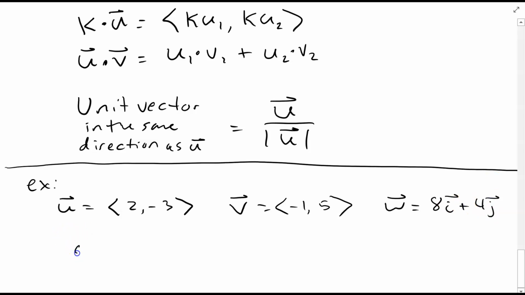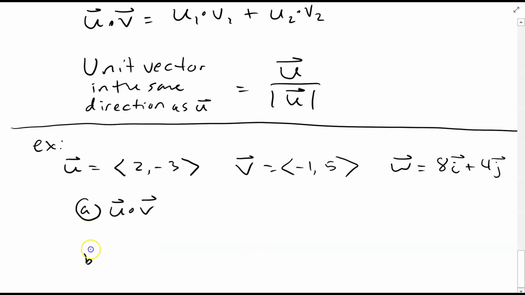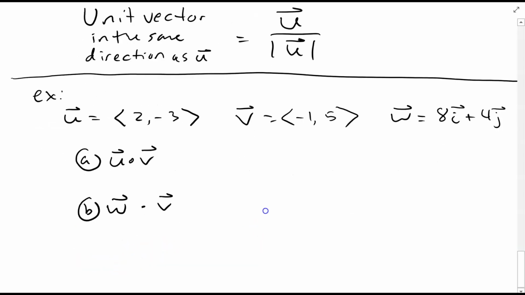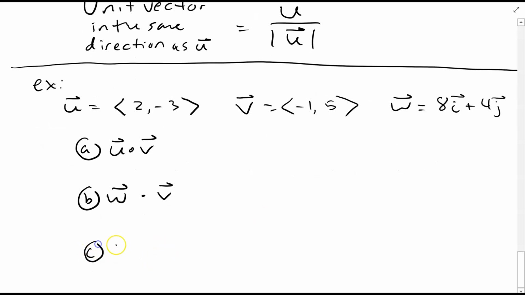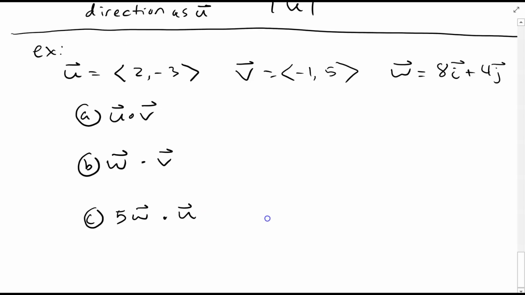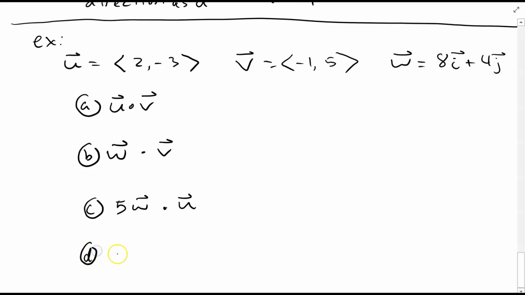And we want to evaluate the following. We're going to do u dot v. We're going to do w dot v. We're going to do 5w dot u. And then we're going to do u minus w dot 2v.